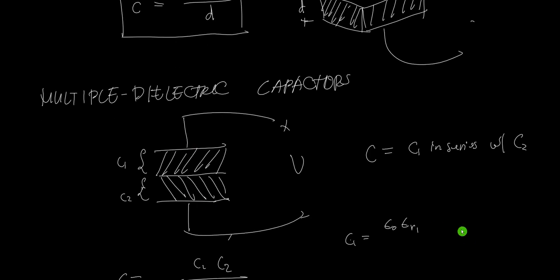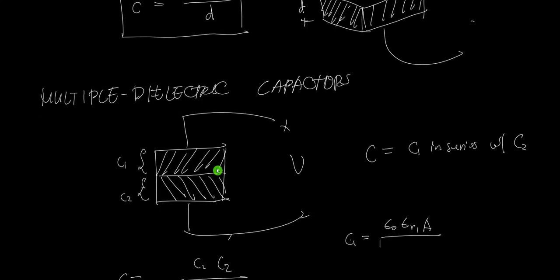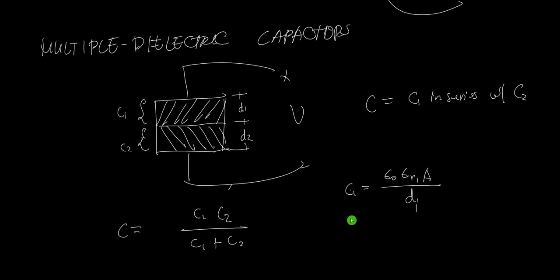The same area here, so just multiply it with A. They all have the same area because they are in that configuration. All over the thickness. Let's call this one D1 and this one D2. So all over D1, that's the C1. For C2, it's the same thing. We just change the subscript into 2: epsilon naught, epsilon R2, area, all over D2.